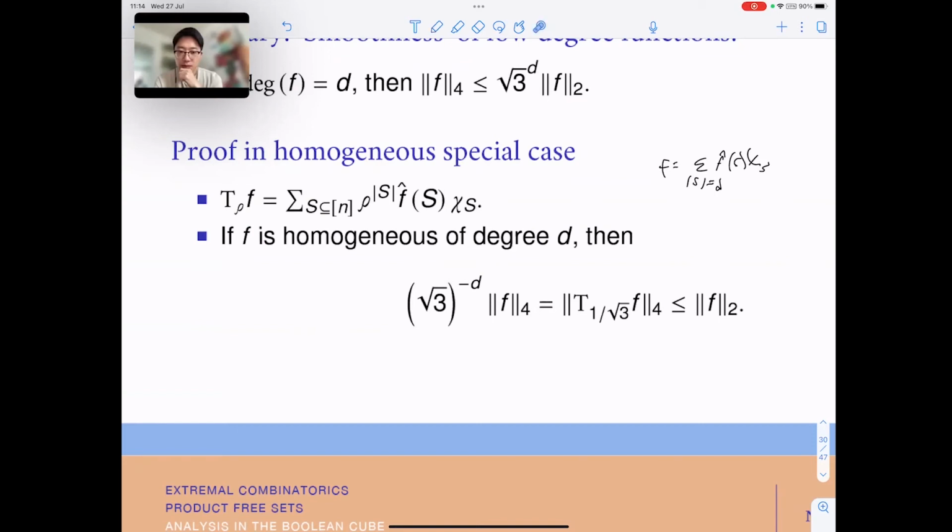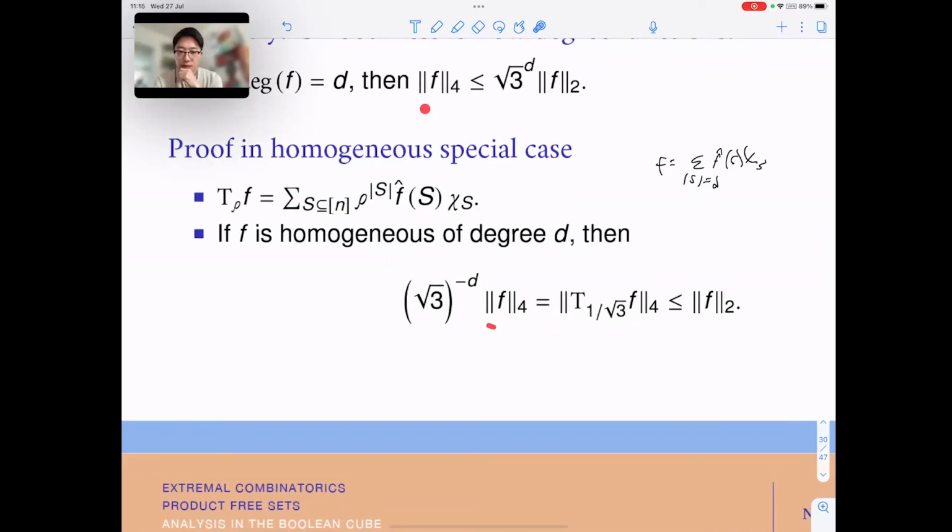If we apply the hypercontractivity inequality, we obtain this expression. For homogeneous functions this is very easy, and you can actually show for all low degree functions that the 4 norm is within a constant of the 2 norm.